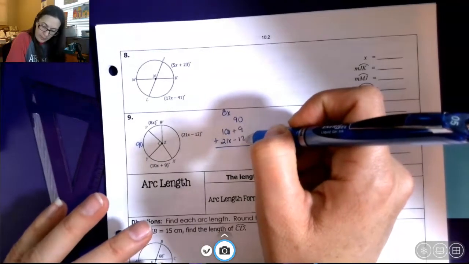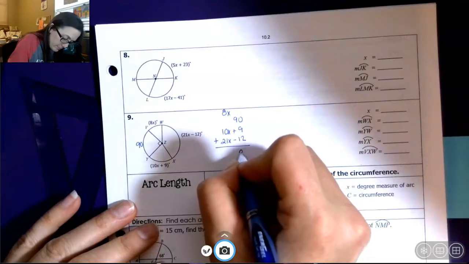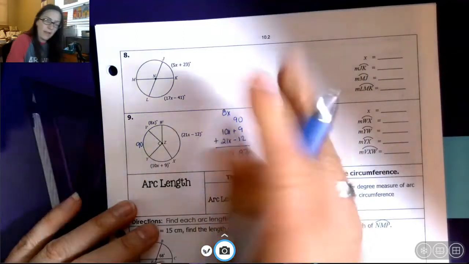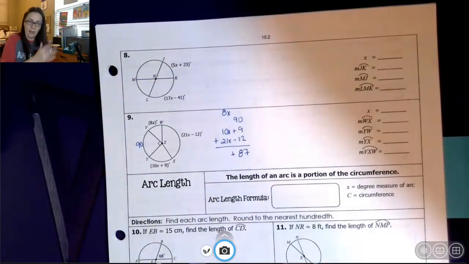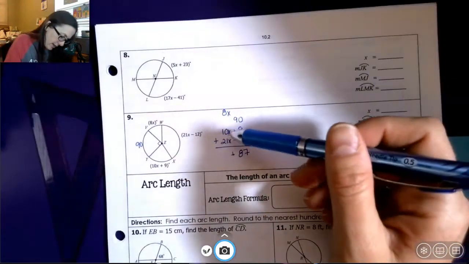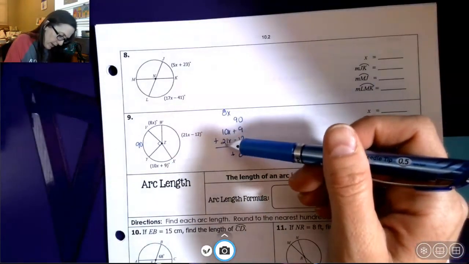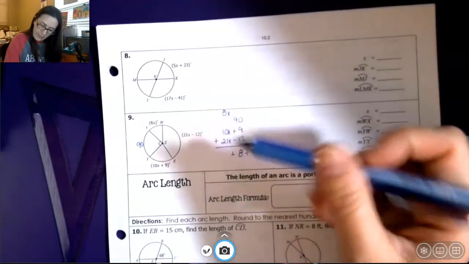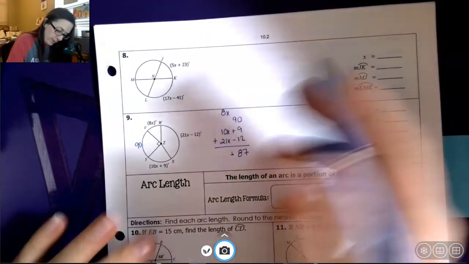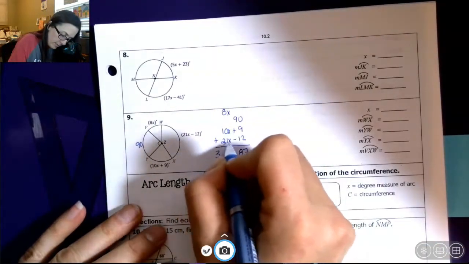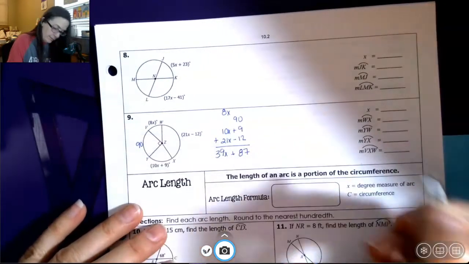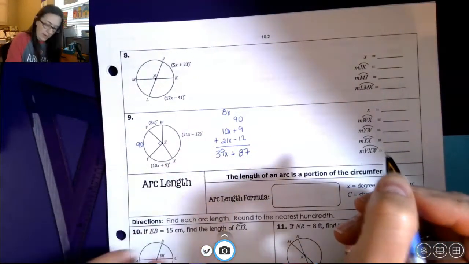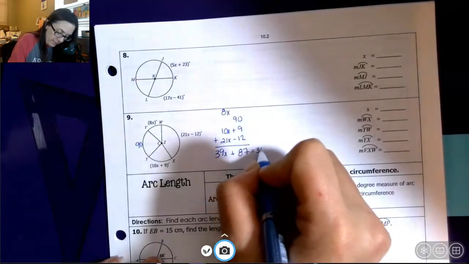Minus 12 is going to give me an 87. So I just kind of combine like terms immediately if I line them up. So my x is over here, 10, 21, I get 31x, plus 8, 39. 39x. All of those add up to 360.